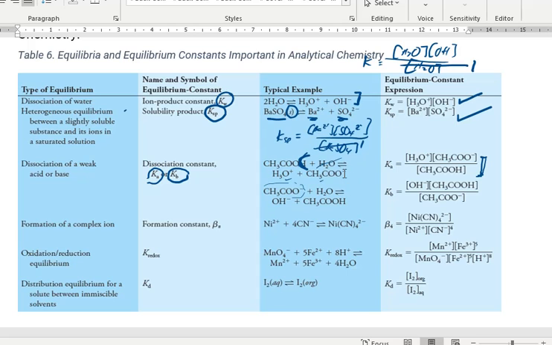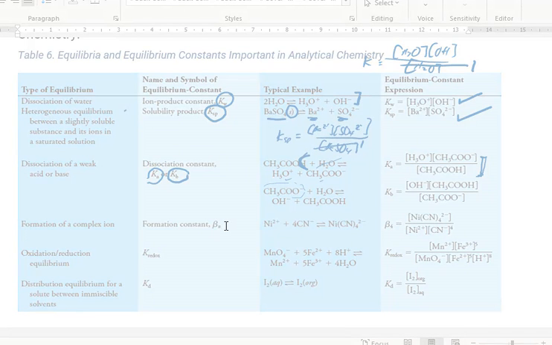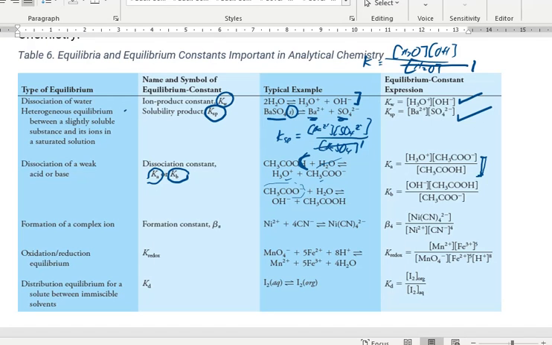And this is the same with other constants. So, we have a formation constant right here. It's slightly different, but it's still the same K, okay?